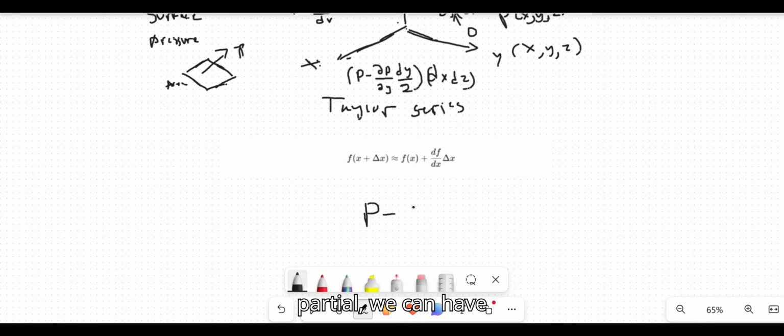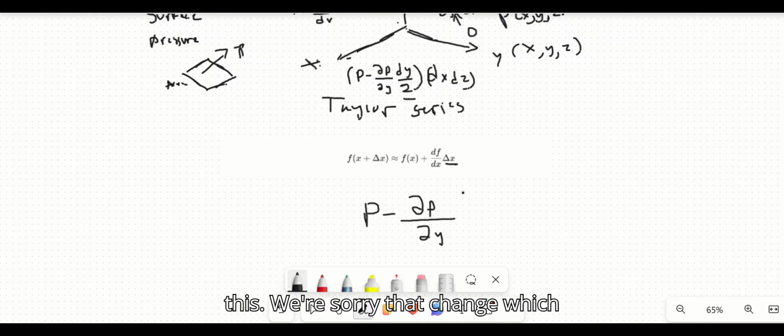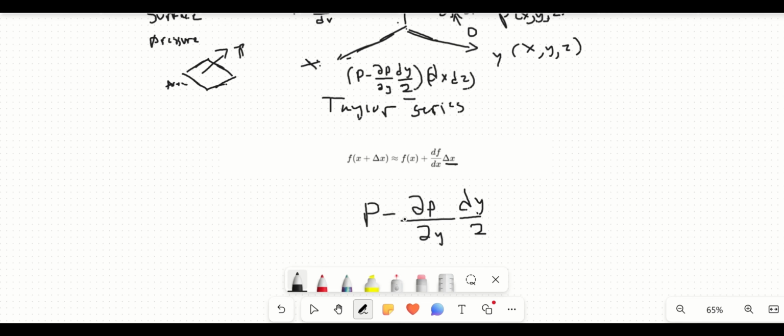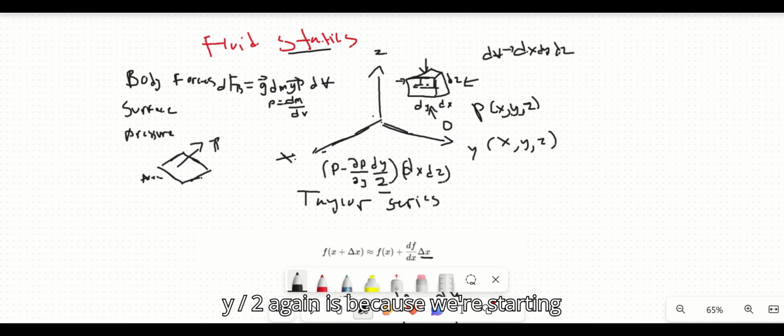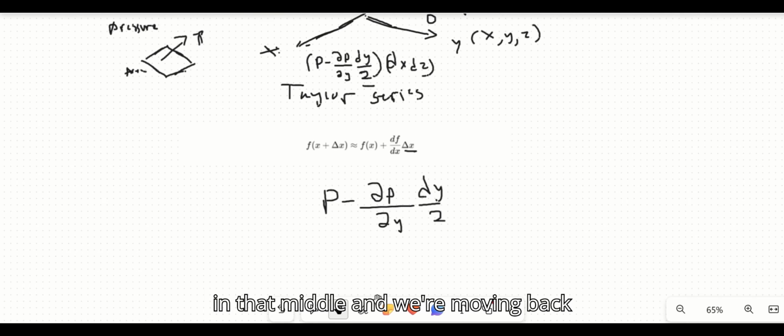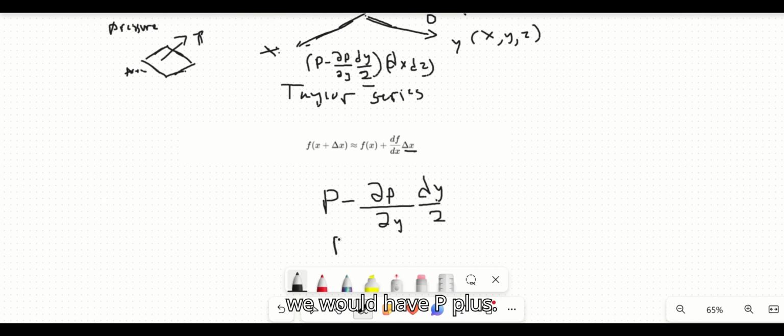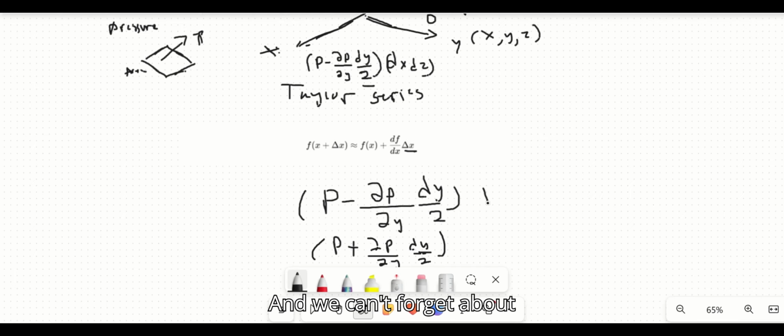Because this is a partial, we're going to have dp over dy, and the change, delta x, which is dy over 2. The reason it's dy over 2 again is because we're starting in the middle and moving back halfway. Now if we were moving forward, we would have p plus dp over dy times dy over 2, and we can't forget about the other terms, dx and dz.